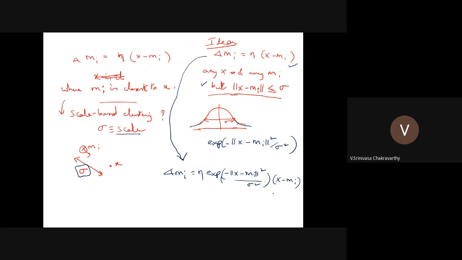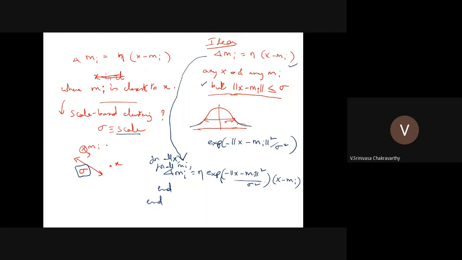So if you update the mi like this, then you don't even have to worry about the nearest neighbor condition, because you don't have to explicitly check if mi is the nearest centroid. You basically do this for all x and for all mi, always, and the Gaussian will take care of that.